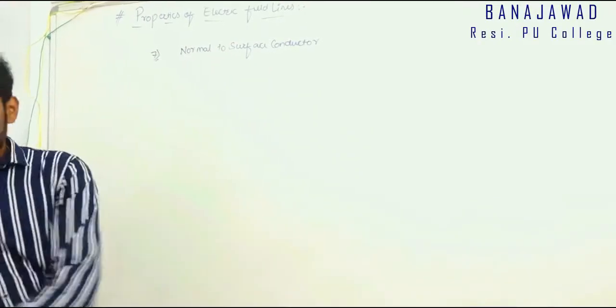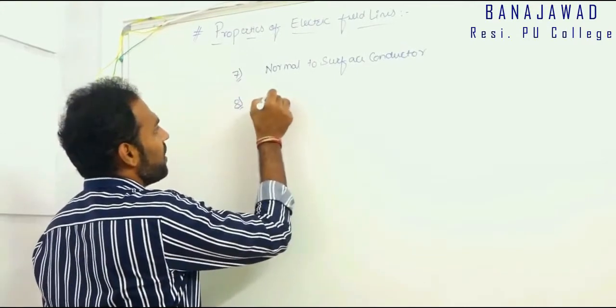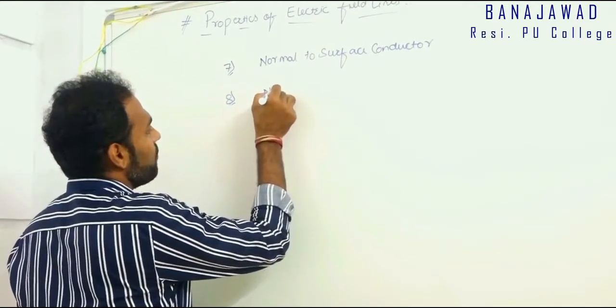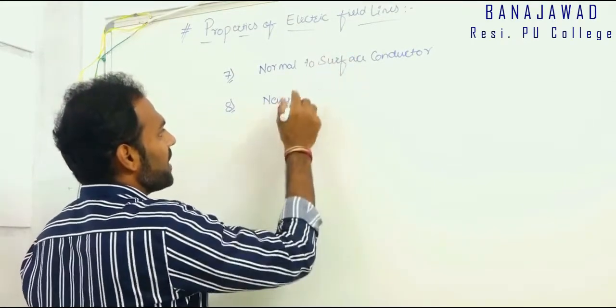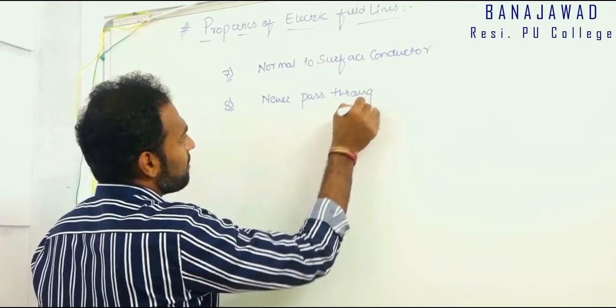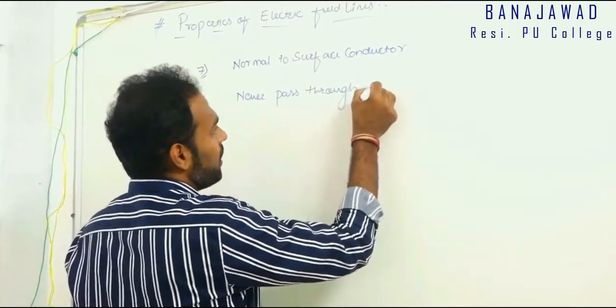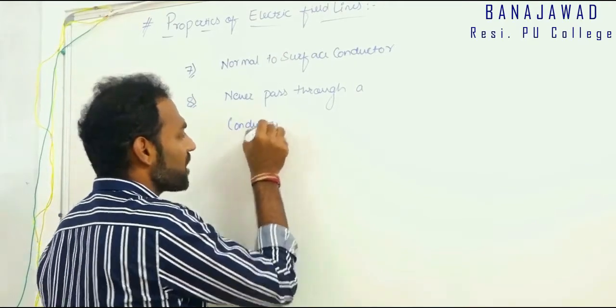See, electric field lines will never enter or pass through a conductor. Why will the electric field lines not pass through a conductor?